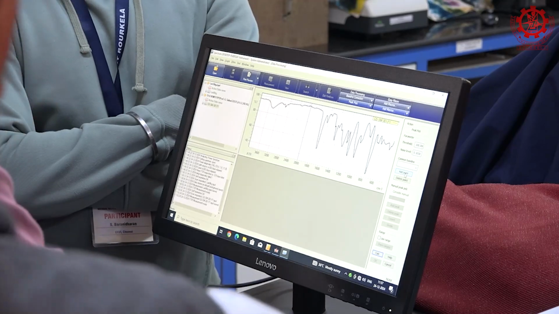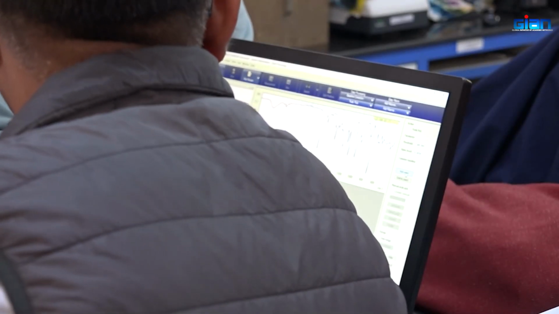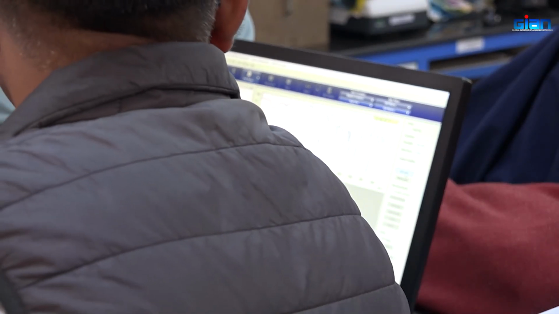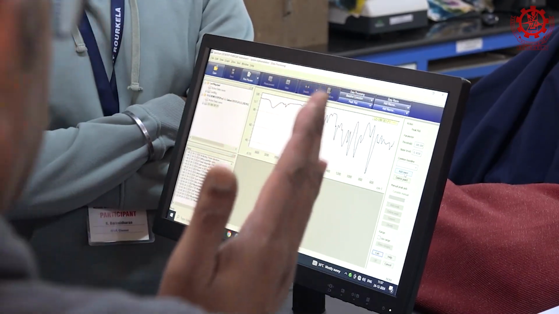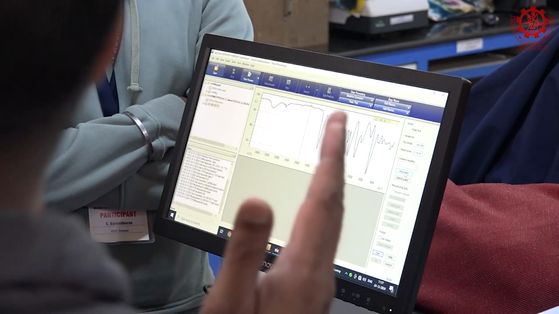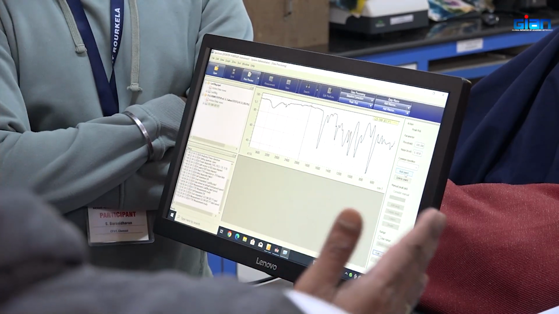In NMR we will see. So now you see it goes from 4000 to 400 centimeter inverse. So the energy which is given is from 4000 centimeter inverse to 400 centimeter inverse.